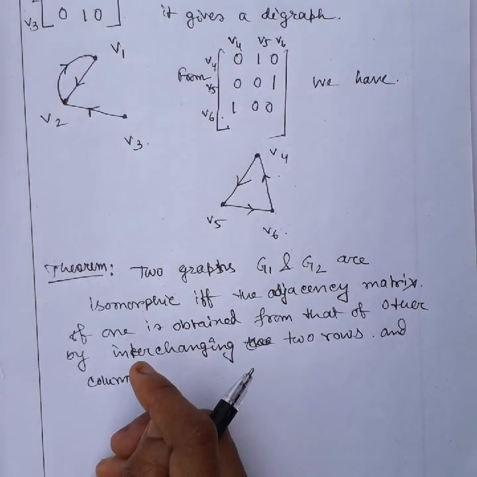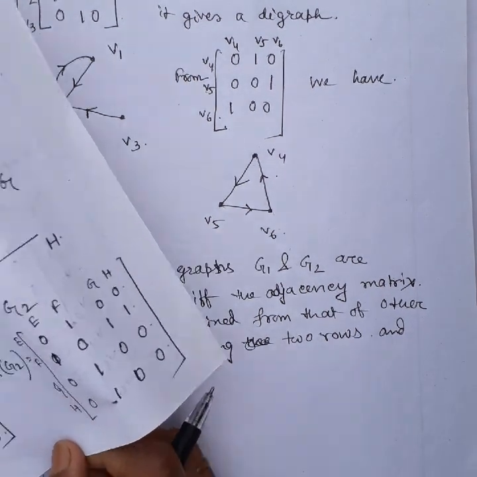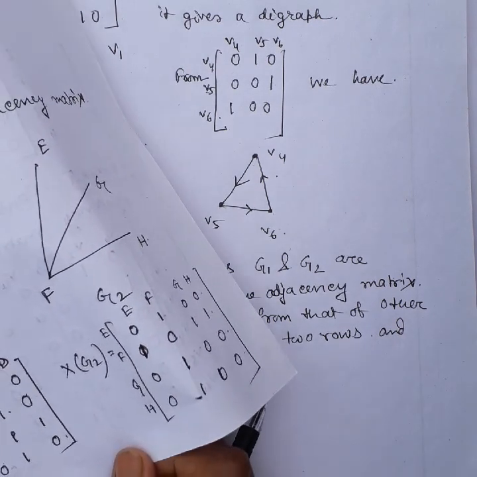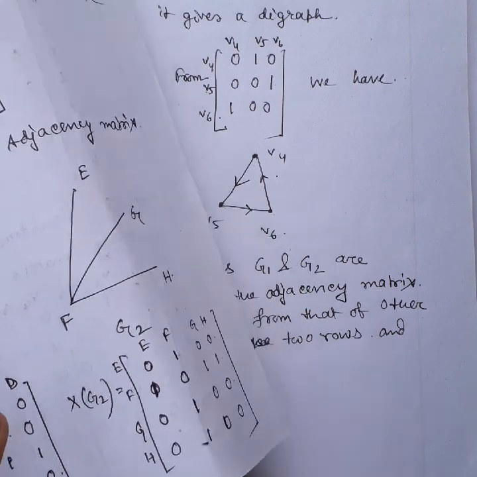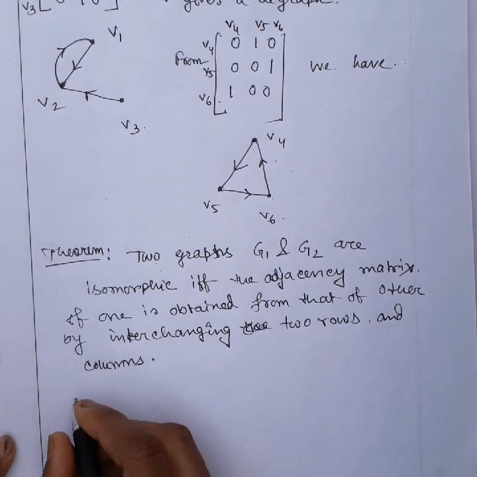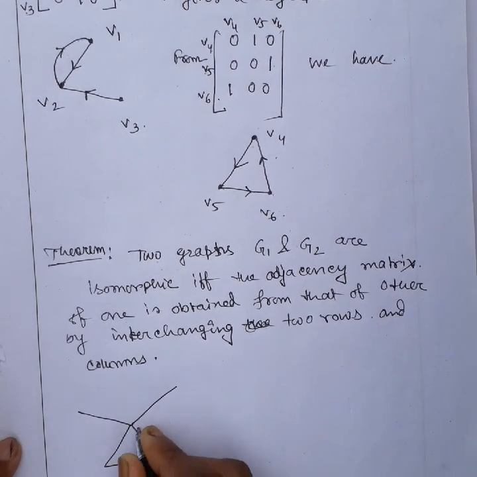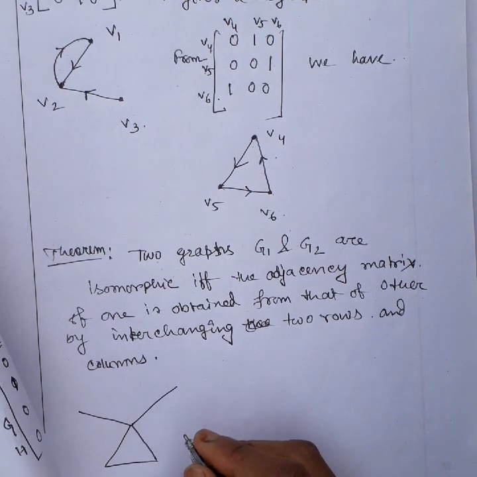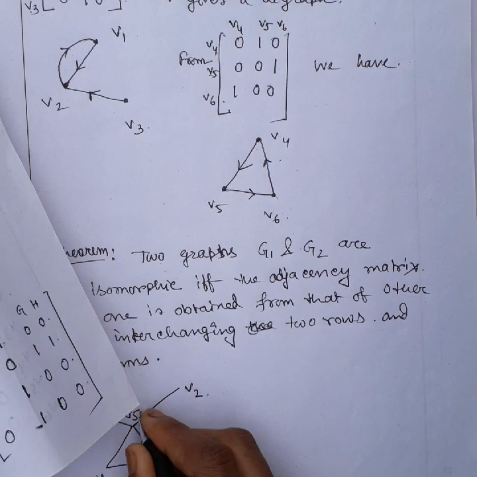Now, to prove whether two graphs are isomorphic or not, say we have a graph, this one, with vertices V1, V2, V3, V4 and V5.